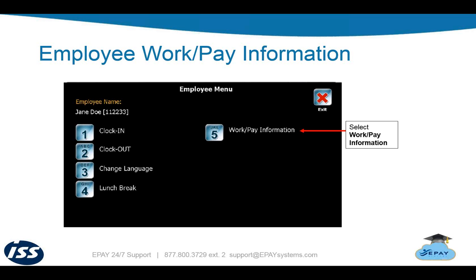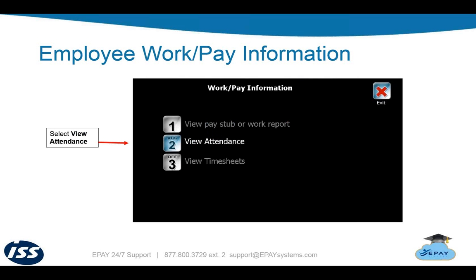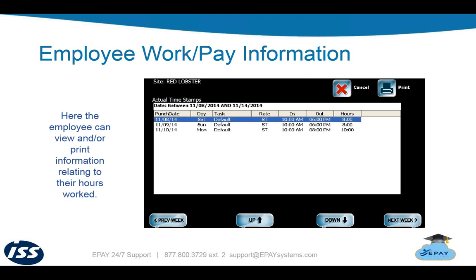But anyways, they can go into the work pay information. They'd select number 5. Then they would click on view attendance, and it automatically defaults to the current week that they're working. And here the employee can view or print information relating to their hours worked. Across the bottom are the 4 buttons that correspond with the 4 buttons on the Walter clock.